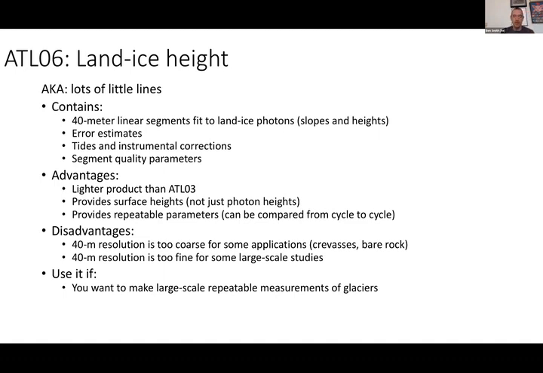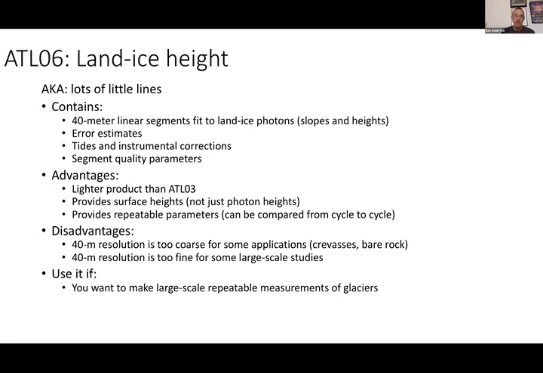So it corrects for anything that might be different about the segments from repeat to repeat. So it tries to correct for any biases that might come out because the surface was brighter, or the surface was rougher from one cycle to the next.